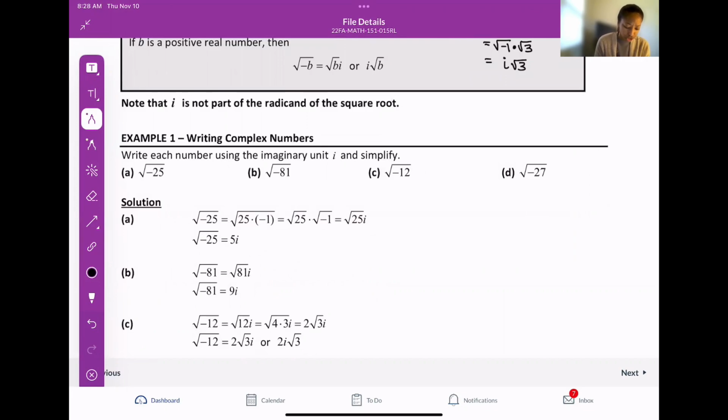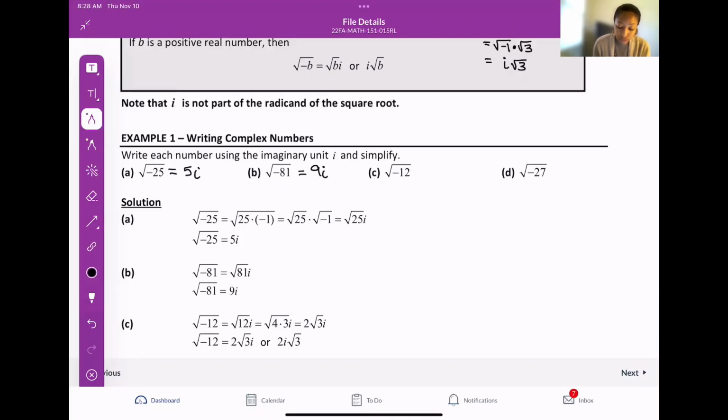All of the steps are shown the same way, but we can kind of go through this quickly. We know the square root of 25 is 5, so the square root of -25, that negative will give us an i, would be 5i. The square root of 81 is 9, so the square root of -81 would be 9i, because the i takes care of the square root of the -1 that's in there.